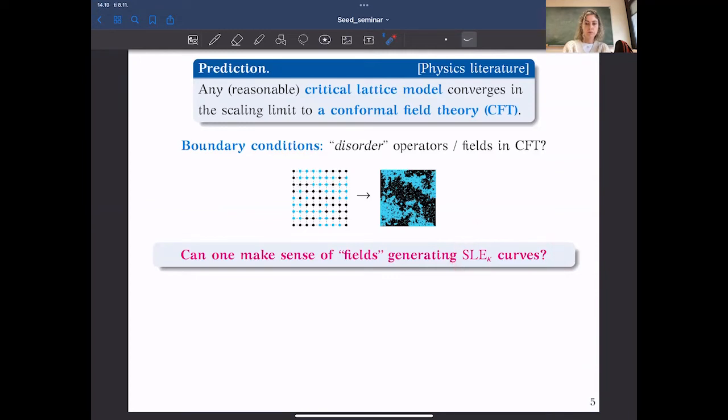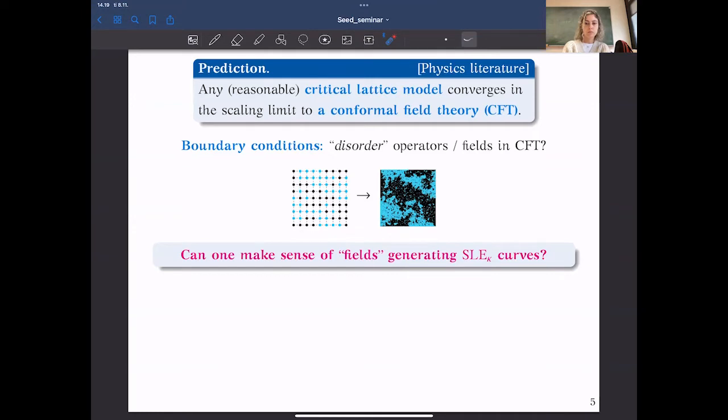In the conformal field theory, there would be some boundary fields at these points, the points where the curves are growing from. Can I associate some kind of fields which generate this disorder from one color to the other?